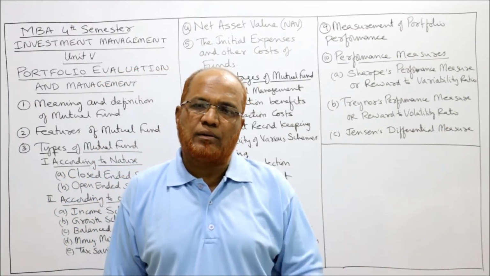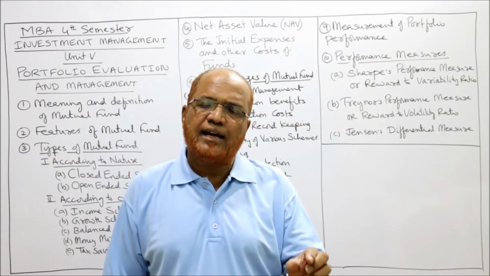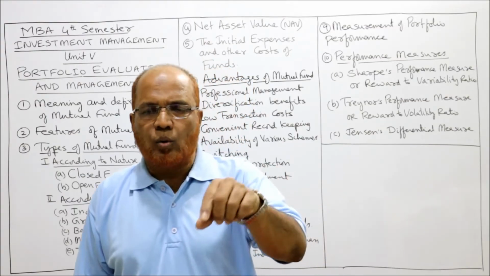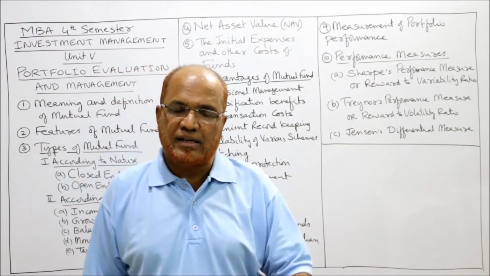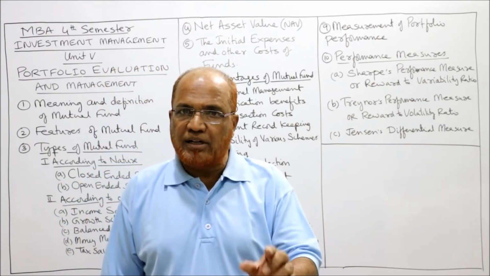Now, open-ended scheme. Open-ended schemes are open throughout the year. At any time, a person can go to the mutual fund company and make an investment in an open-ended scheme. It is not limited to a period.